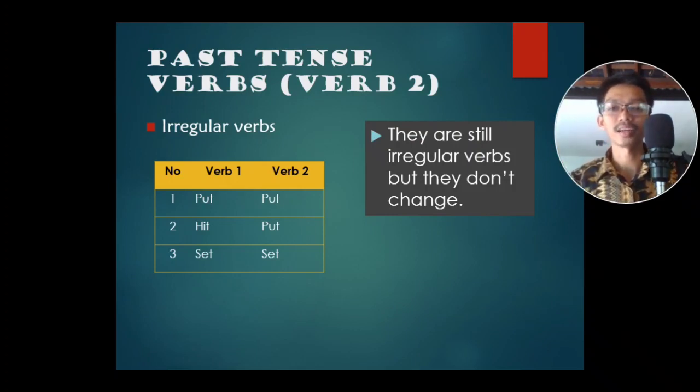And set, it is the same. The verb 2 is set. So put, verb 1, verb 2 is put. Hit, verb 1, and verb 2 is hit. Set, verb 1 and verb 2 is set. Sorry, I forgot to change this one.